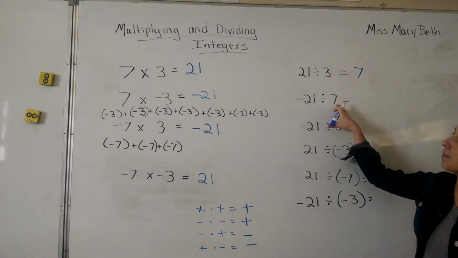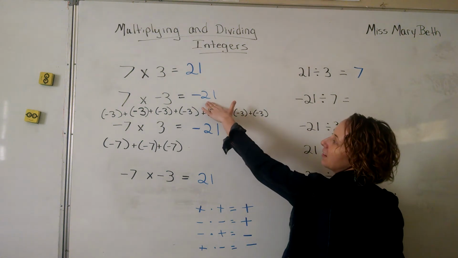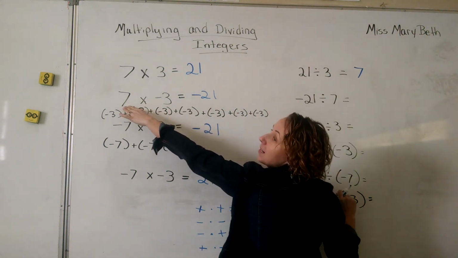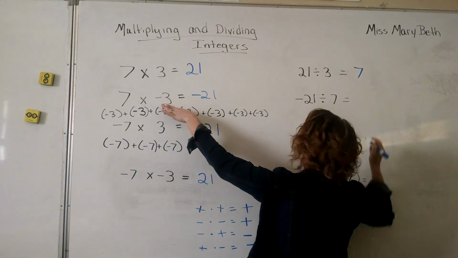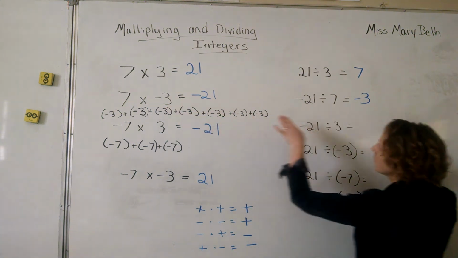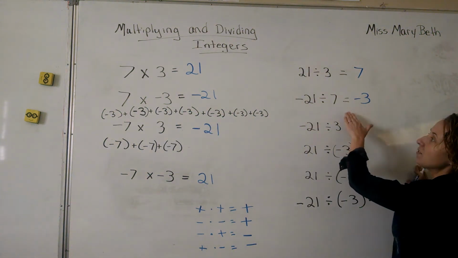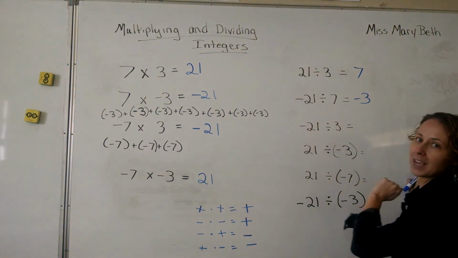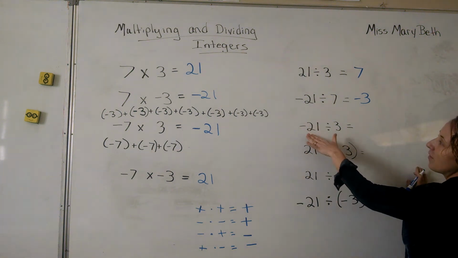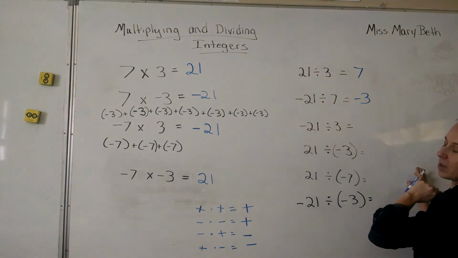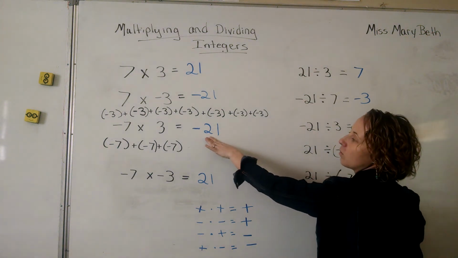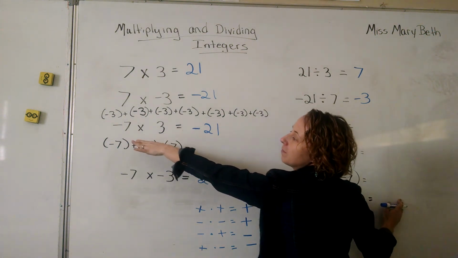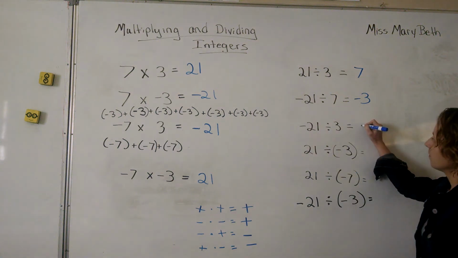Negative 21 divided by 7. If I have negative 21, and I divide by 7, I should get negative 3. All I'm doing is dividing, which is like undoing my multiplication. What if I have negative 21 divided by 3? Negative 21 divided by 3 should give me negative 7.